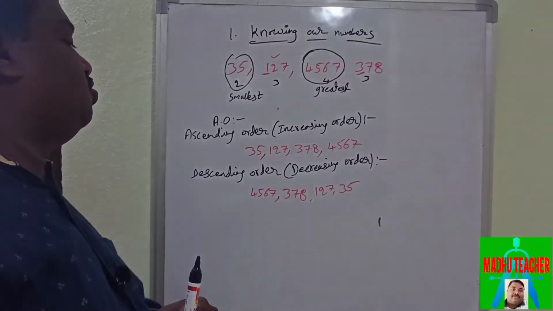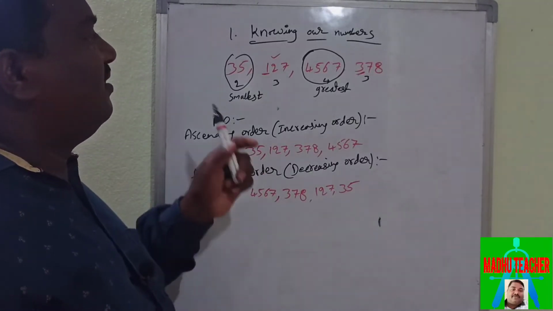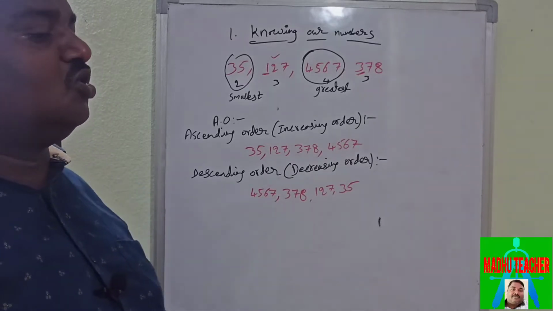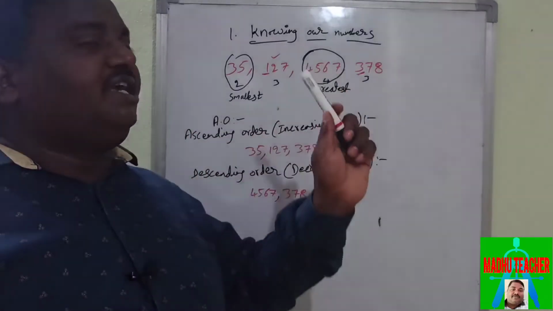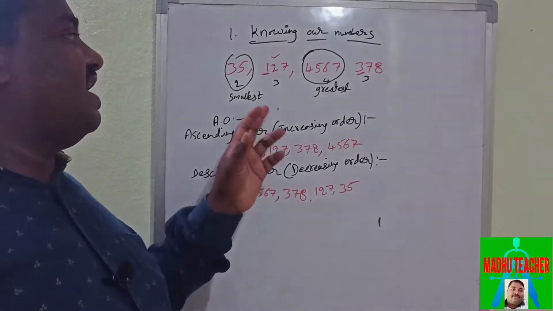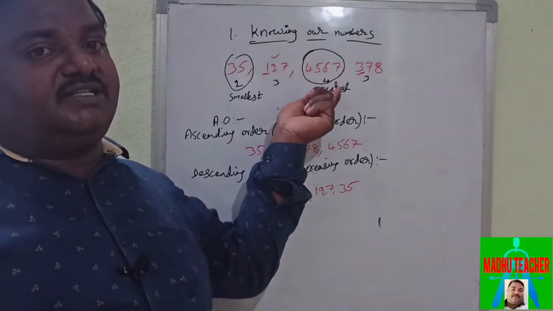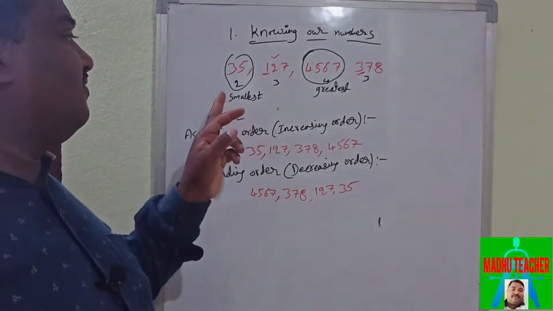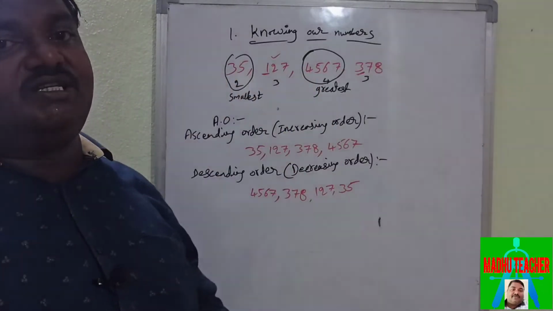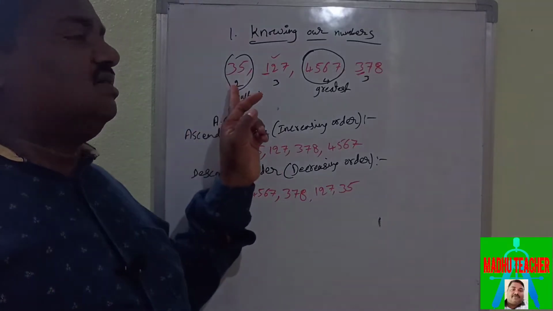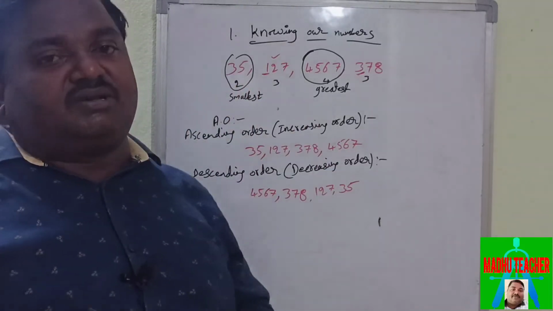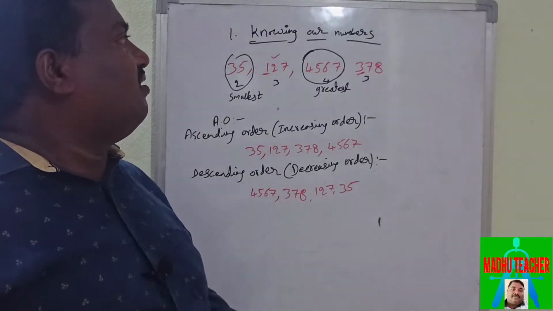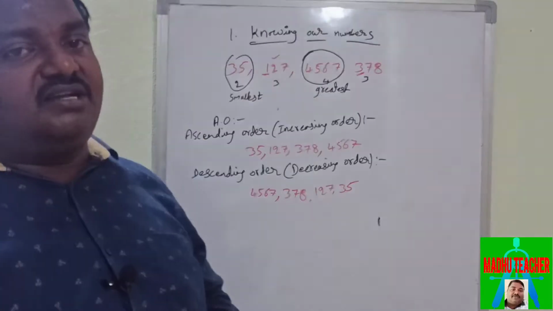To identify the greatest or smallest number, first you have to count the number of digits in each number. The number with more digits is the greatest number, and the number with fewer digits is the smallest number. This is the process.